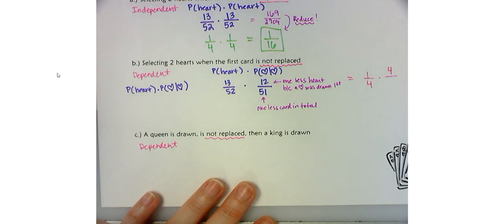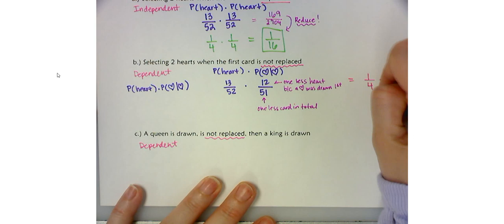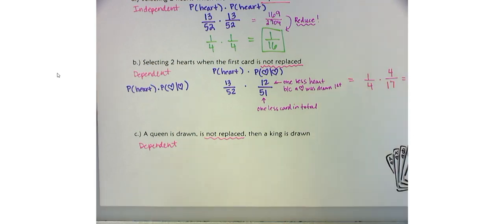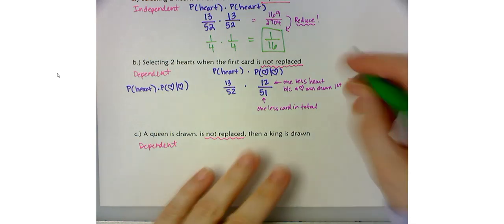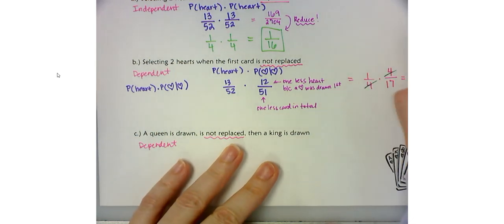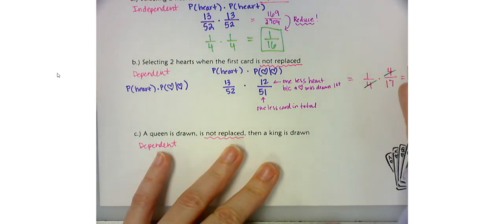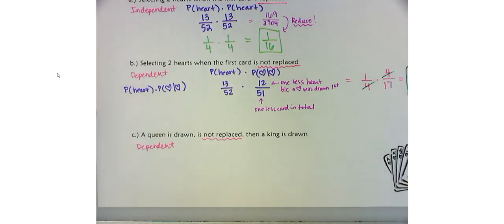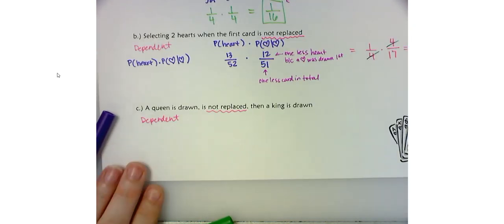You guys want to do the last one by yourself? Some of you already did. Okay, so a queen is drawn, is not replaced, then a king is drawn. So you are finding the probability of drawing a queen times the probability of drawing a king when the queen has already been drawn.